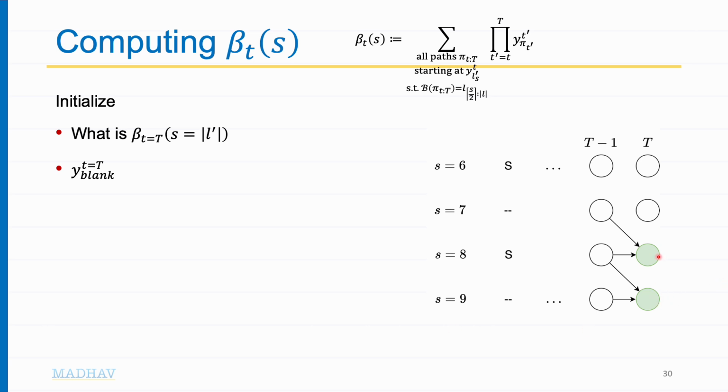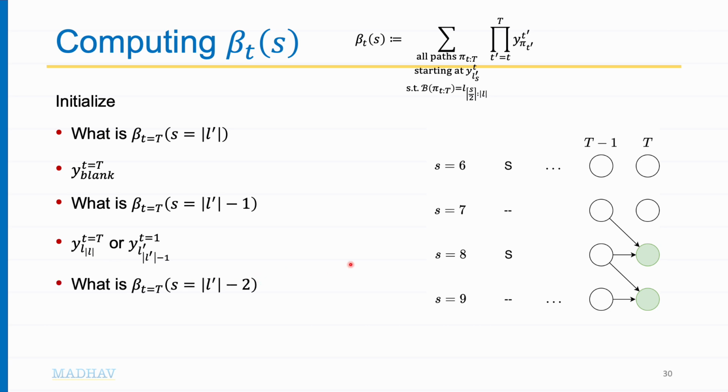Now what is the beta at this node? It is beta capital T, S equal to L dash length minus 1. This one. Yes, Y T of capital S, which is basically the last element of the string L, or the second last element of the expanded string L dash.